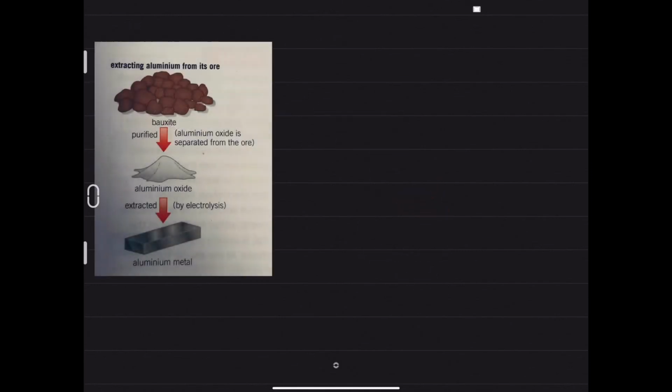So let's put some summary key points for the extraction of aluminium from the ore.